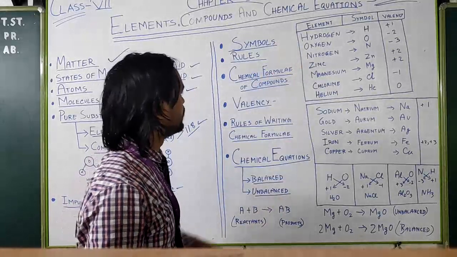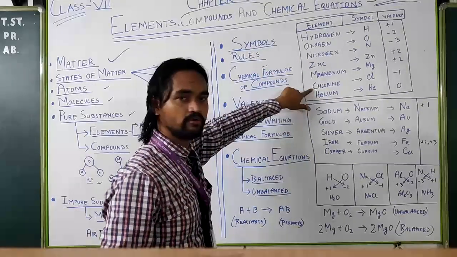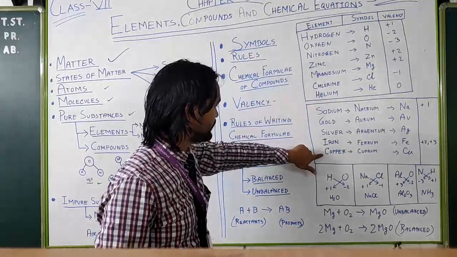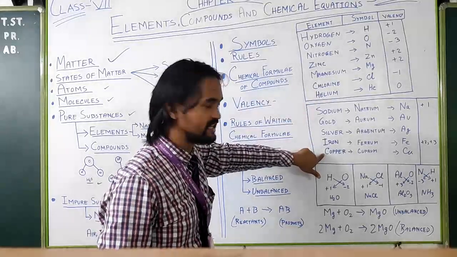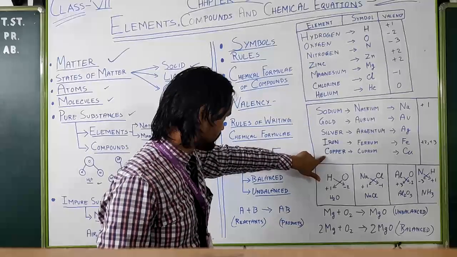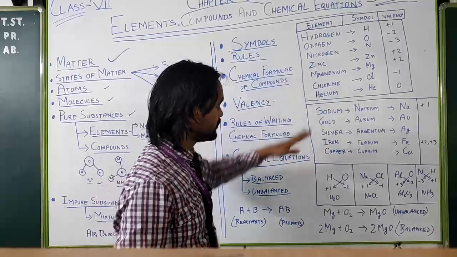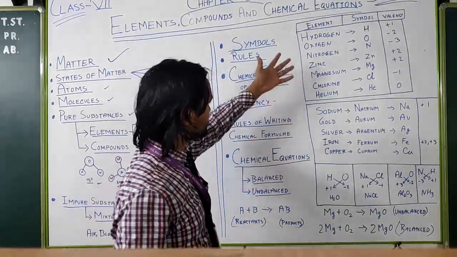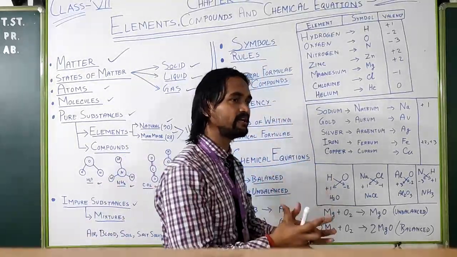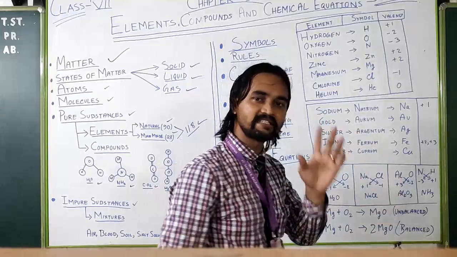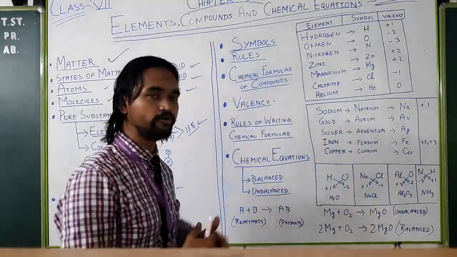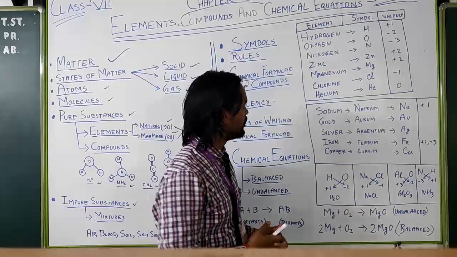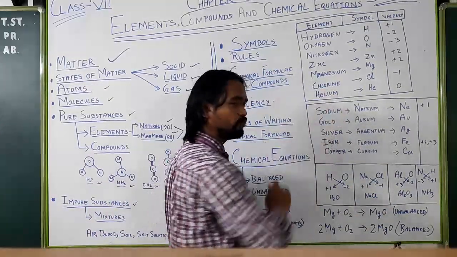For example, chlorine also starts with C, and copper also contains C in its first position. Carbon also starts with C. Then what will we do? We can use C for carbon. Then what about chlorine?